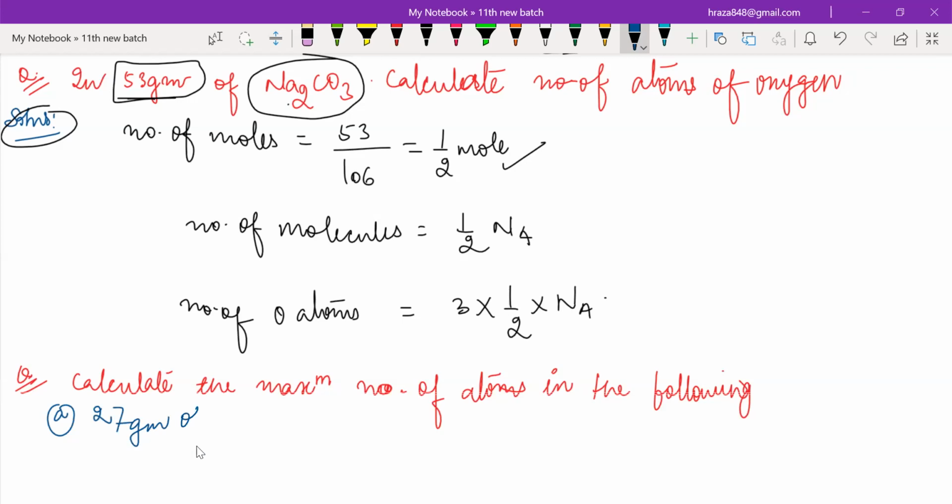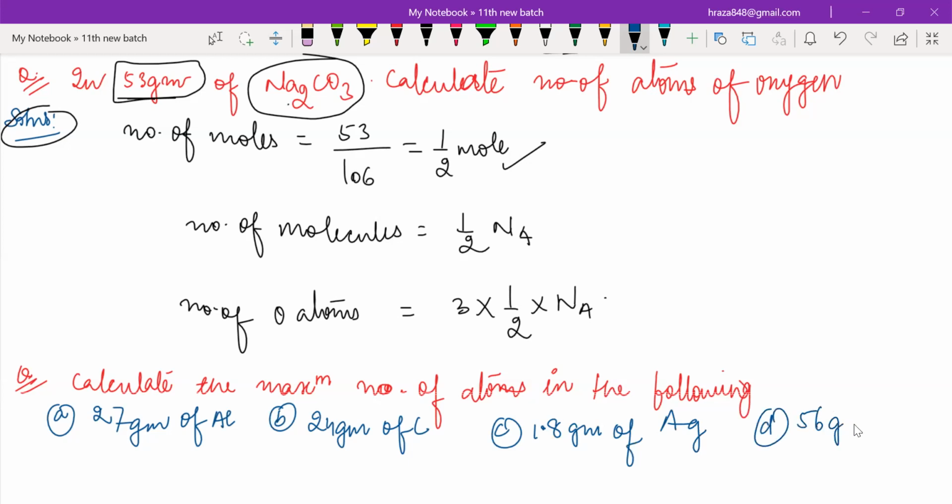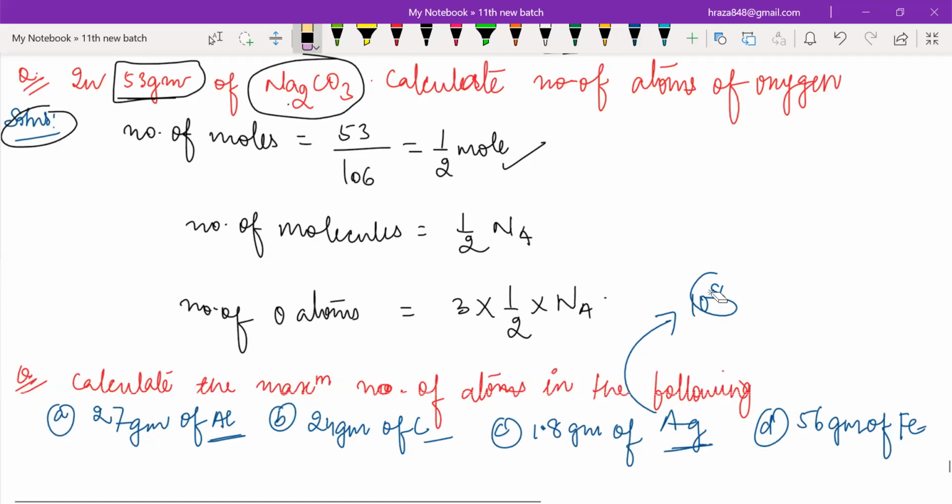This is 27 gram of aluminum, 24 gram of carbon, 1.8 gram of Ag, and B is 56 gram of iron. Is that Au or Al? The first one is Al, aluminum. This is carbon. This is Ag, that is silver, and its atomic mass is 108.